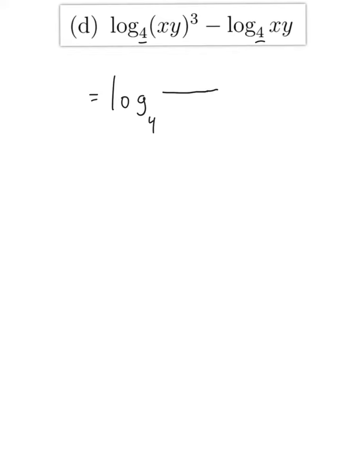And since this first log is positive, with no negative out in front, the argument of this log, this xy cubed, is going to go on the top of the fraction. And the second log is subtracted, or negative, so its argument, xy, is going to go on the bottom.